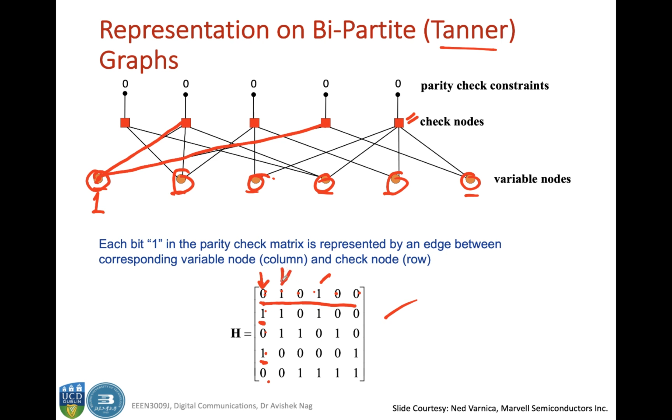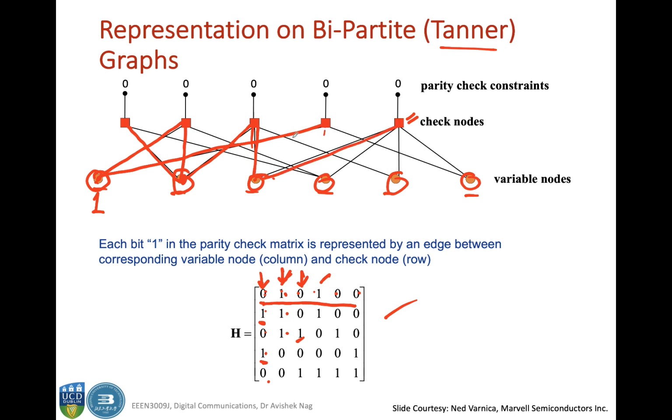Now if you look into this column, which corresponds to this variable node, you will see that you have the first 3 ones, so it is connected to the first check node, the second check node, and the third check node, and there is no connection to the others. Similarly, if you look into the third column, then you will have a connection to the third check node and the fifth.